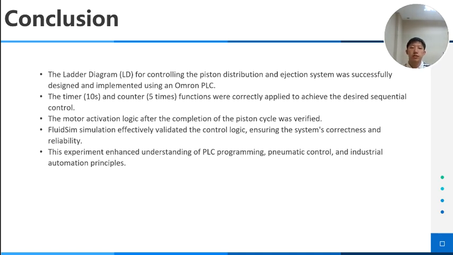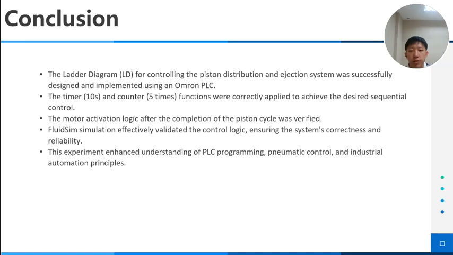In conclusion, I successfully designed and implemented the required ladder diagram using an Omron PLC to control the piston system. The timer and counter functions worked as intended to create the sequential control logic, and the motor activation was correctly triggered after 5 cycles. The FluidSIM simulation was a valuable tool in verifying the system's operation.